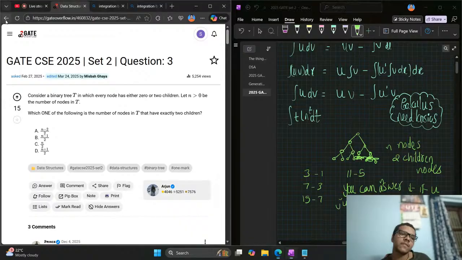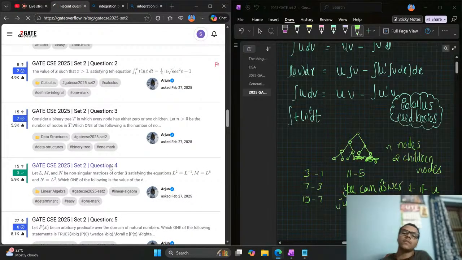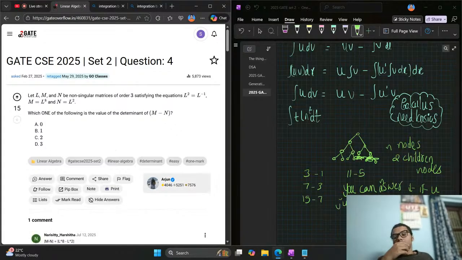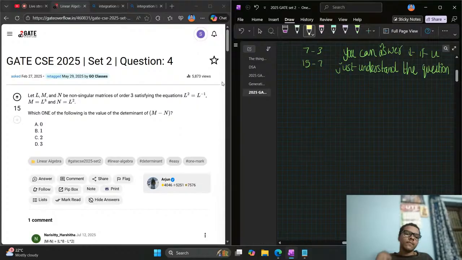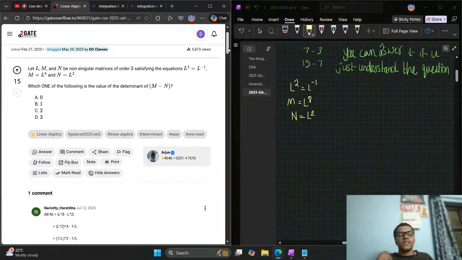That makes sense. Question number 4. Non-singular matrices of order 3. So L square is equal to L inverse. M is equal to L power 8, N is equal to L power 2. M minus N value we need.